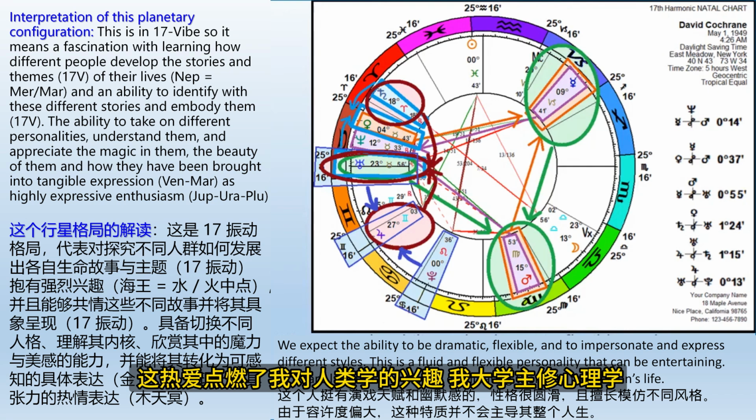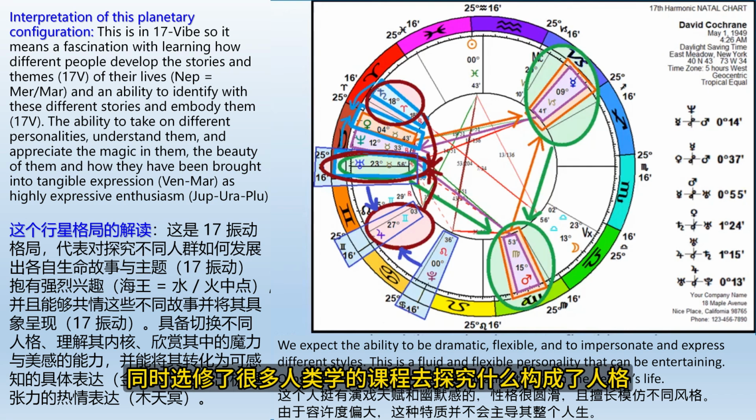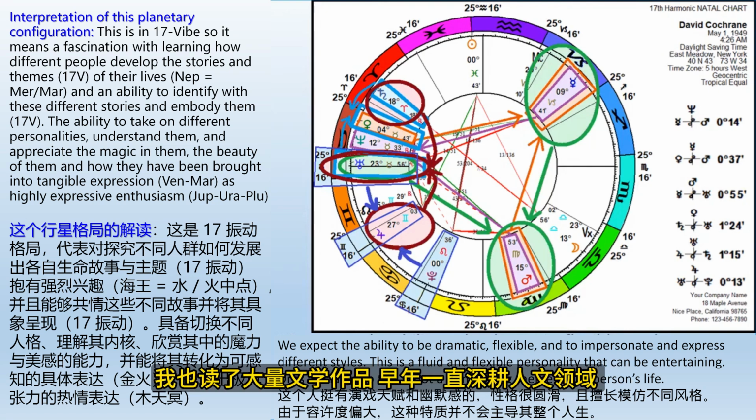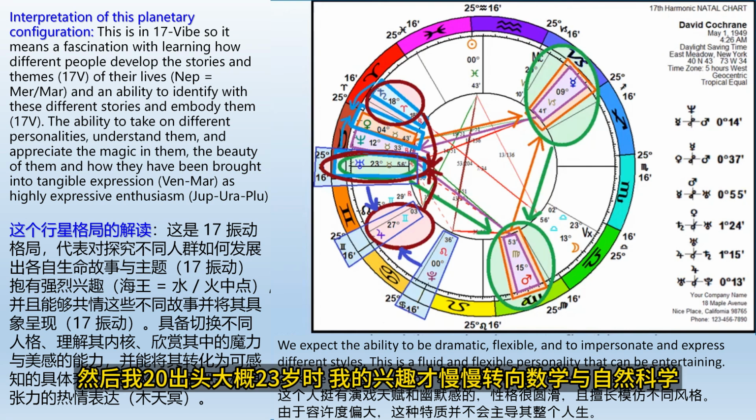This fueled an interest in anthropology. And my first major in college was psychology. I took a lot of anthropology classes. What constructs the personality? I always read a lot of literature. I started off more in those fields. And then in my mid-20s, actually around age 23, I started shifting over more to a fascination with mathematics and science.